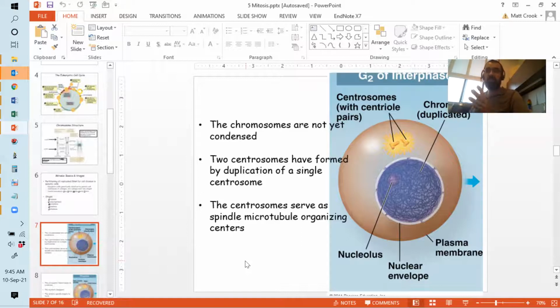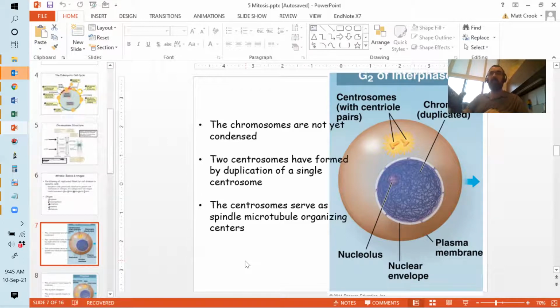Or what needs to happen just in general to be able to divide that DNA up? Just want you to think about looking at that picture. What do you need to happen to be able to pull those sister chromatids apart?